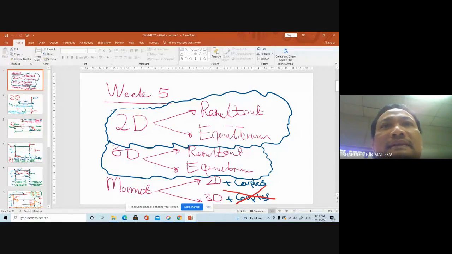So we went through yesterday the importance of the elements in the resultant, the important elements in the equilibrium, both for 2D and 3D.